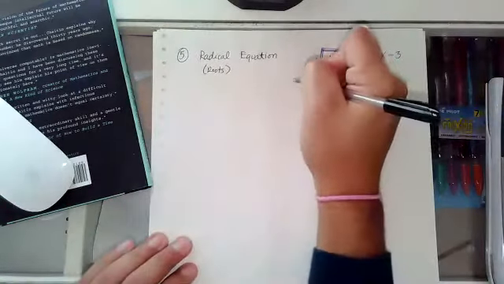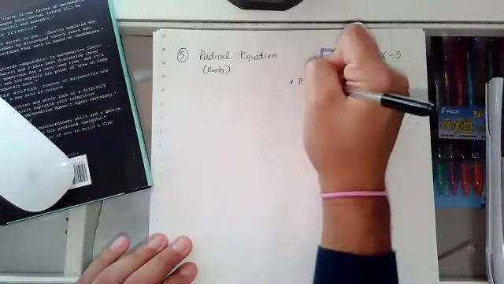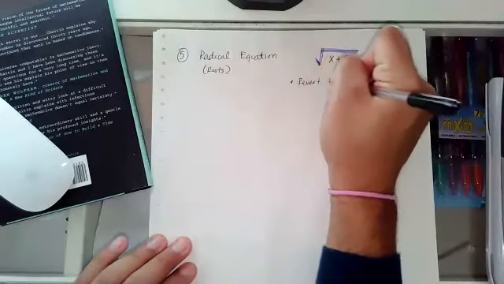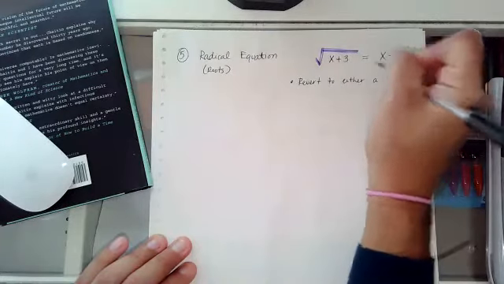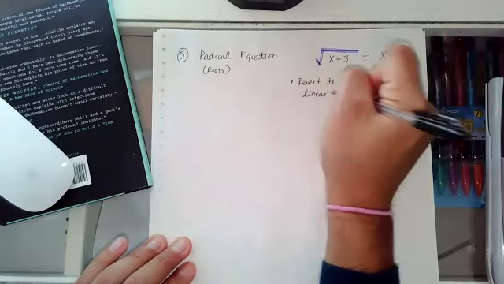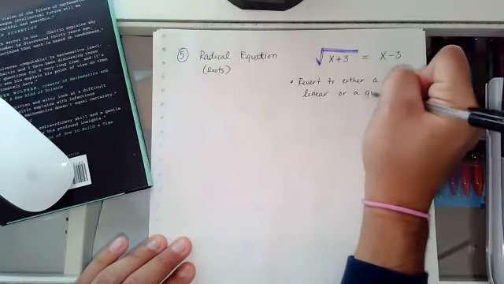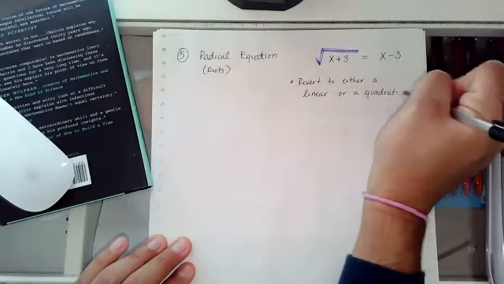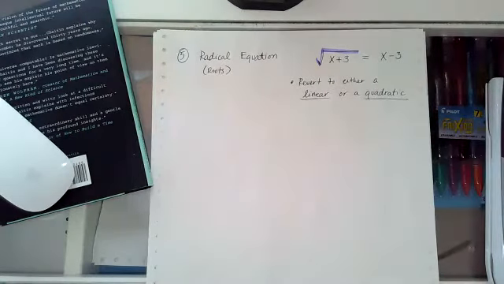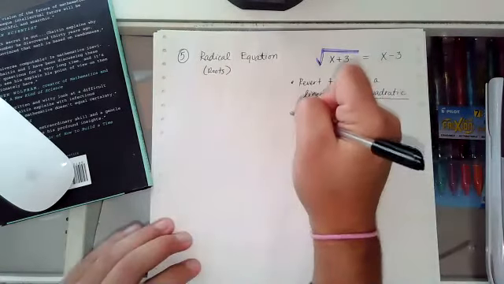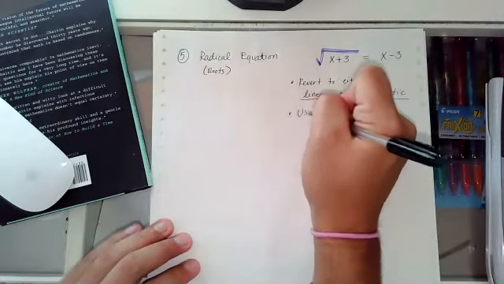We'll see that this kind of equation will revert to either a linear equation or a quadratic. Depending on whether it turns into a linear equation or a quadratic equation will tell us how many solutions there are. But then we're going to want to use caution here.